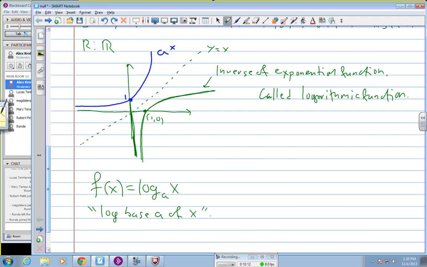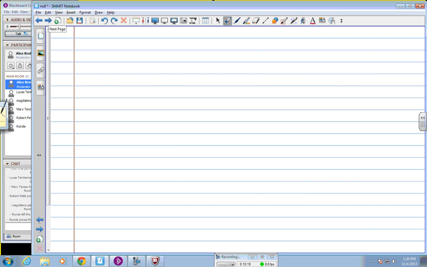Just the definition. So let me ask you this question. If I define a function f of x equals 2 to the power x, so that's an exponential function, right? And what does this function do?